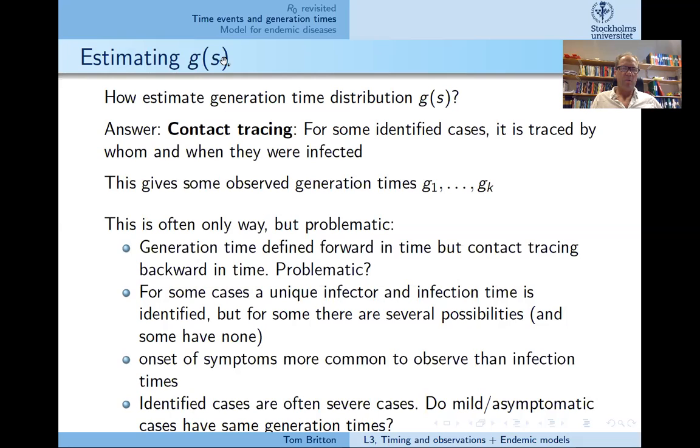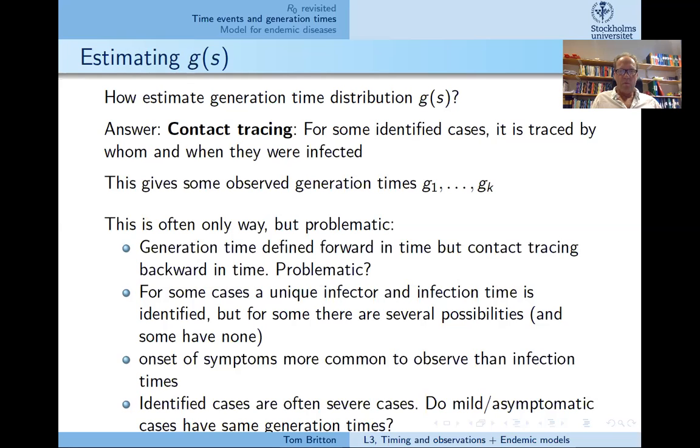But for now, suppose that we want to estimate the generation time distribution. How do we do this? Well, unfortunately, it's not possible just to look at the speed of the epidemic. Instead, what you do is what's called contact tracing, and that is that you find some infected cases, and you try to find out by whom and when they were infected.